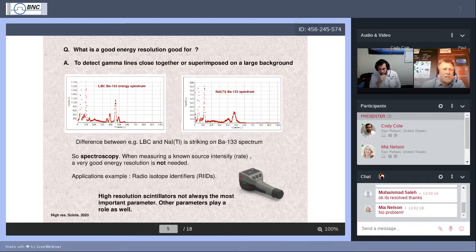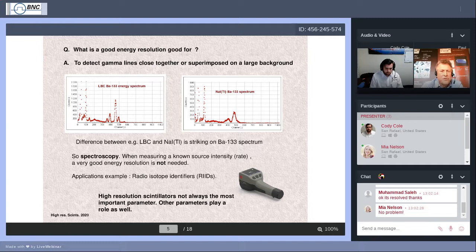So now we have to ask ourselves, what is actually a good energy resolution good for? When do we need it? Well, there are two important answers, and that is if you want to detect gamma lines that are very close together, or gamma lines that are superimposed on a large background. You see here, for example, two spectra. The left spectrum is a spectrum from LBC, lanthanum bromochloride, and the right spectrum is one from a very good sodium iodide crystal.